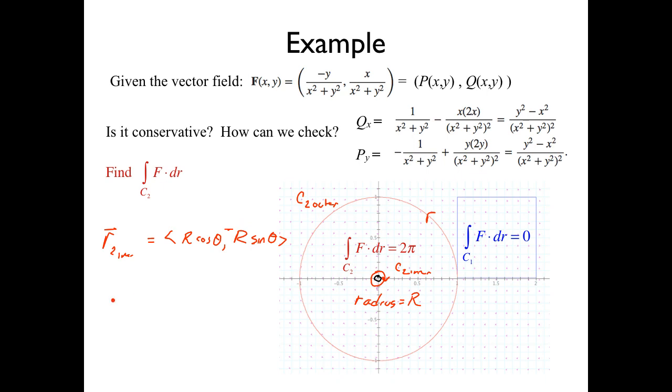And if we do the line integral over this one, C2 inner, of F dot dr, you should be able to predict what we would get. We should get negative 2 pi, right?